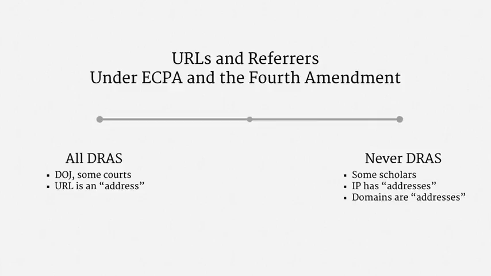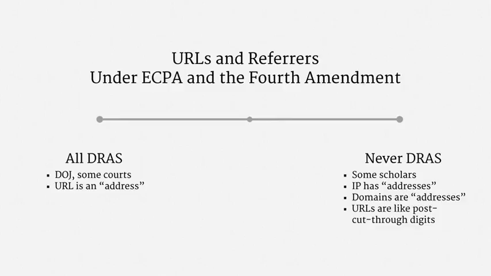Another argument in this line of thinking is that URLs are like post-cut-through phone digits. You've probably encountered an automated touch-tone menu before, with an airline or a bank or so on. The numbers that you press after your call has been connected are called post-cut-through digits, and several courts have held that those digits aren't DRAS.